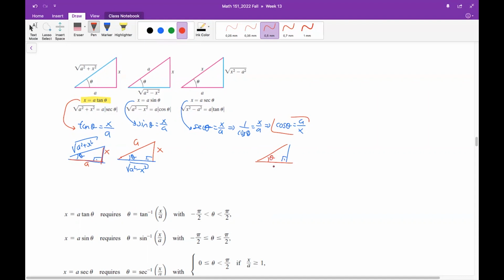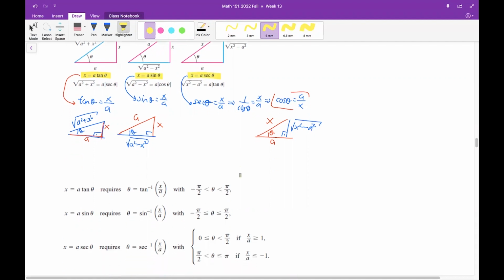This is adjacent edge divided by the hypotenuse. That's why this part can be solved as this square root. These are called reference triangles, and you will draw them by using your trigonometric substitution like this.